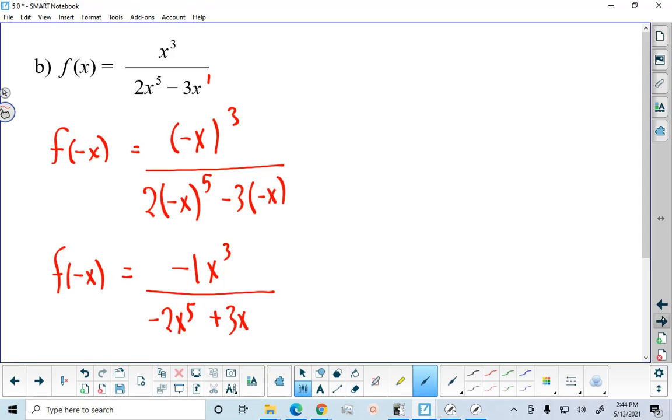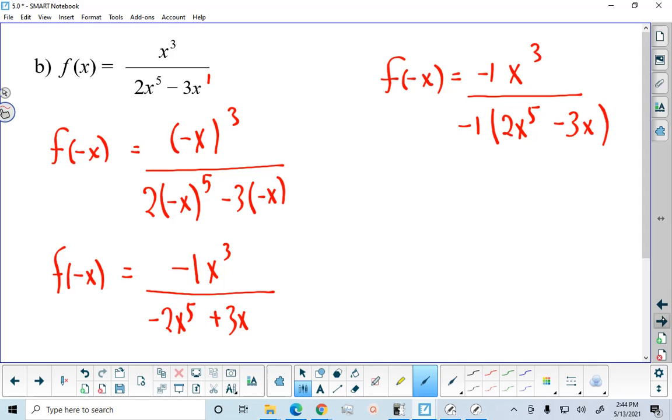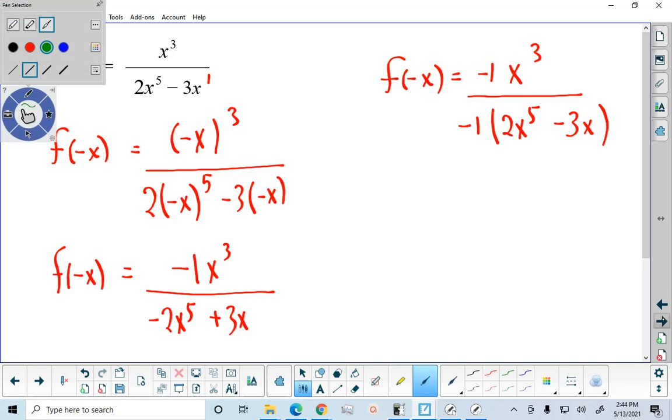And then we want to compare that to the original function. If I were to take that expression for f of negative x and factor a negative 1 out of the denominator, then I would be able to cancel the negative 1's, because negative 1 is a factor of the numerator.